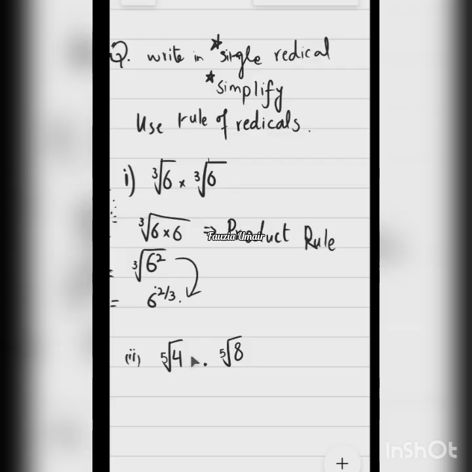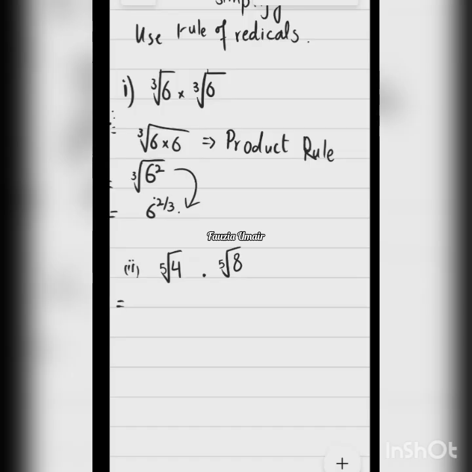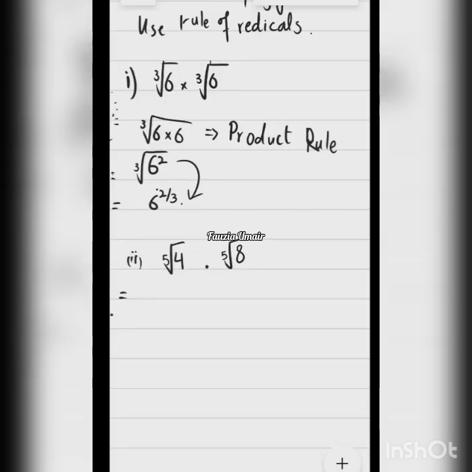So how can we solve it? Which law? Product law. It's the product law. So, are you able to understand? What are the two conditions of product law? The index should be same and there should be a multiplication. So the multiplication sign is also there, the index is also same.